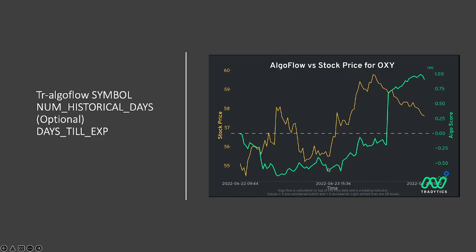And this kind of goes hand in hand with what I'm going to show you with Netflow, but it's scored using their machine learning algos and things like that. And so we can see here we've had OXY price moving down, but we've had this huge bullish spike in flow as of late. So hence the divergence that we saw on the previous page.